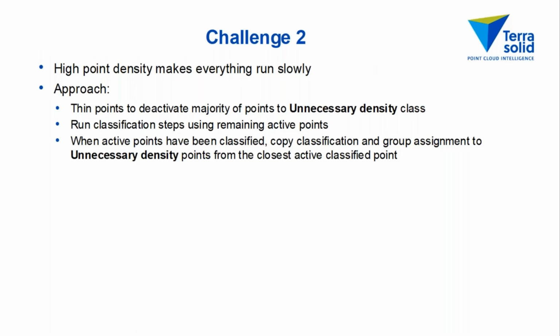The suggestion would be to move some points to an unnecessary density class. It can be done in the thinning step, for example. Then do all classification on the active use points, and after the classification is done on those actively used points, there is a possibility to copy classification and group assignment to that unnecessary density class.